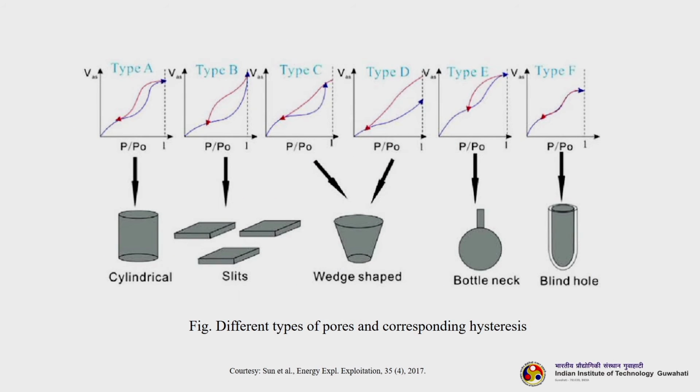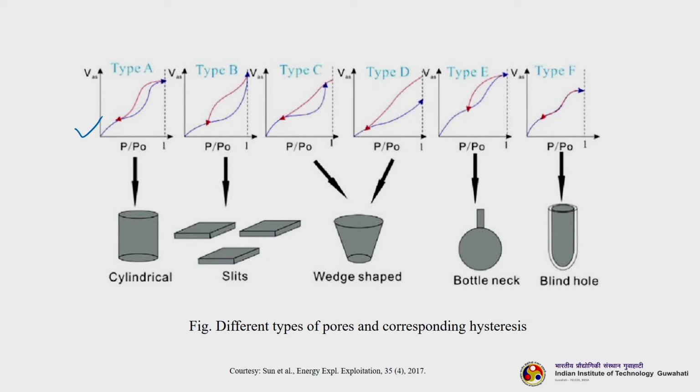This slide will make you understand the different types of pores and their corresponding hysteresis. Please understand that hysteresis curves also are of different nature. It is not that everything is following whatever I showed you earlier. It never happens like that. So, for the cylindrical pores, hysteresis curves look something like this.